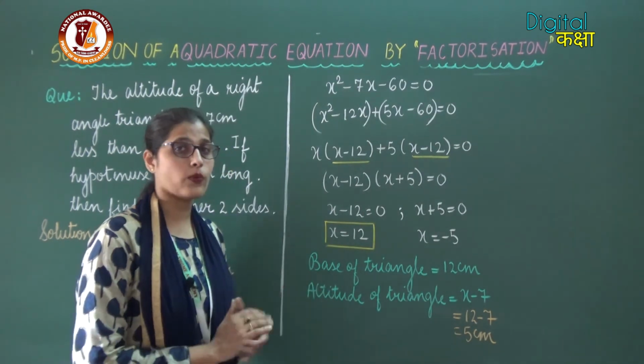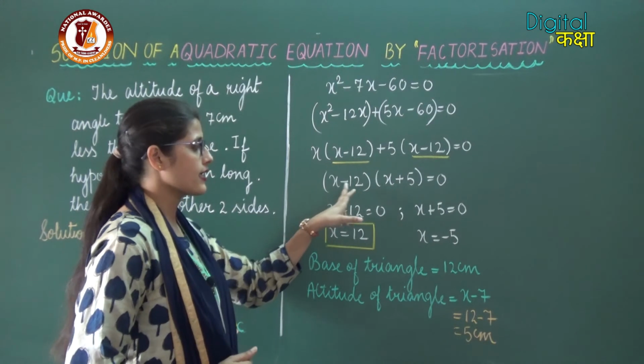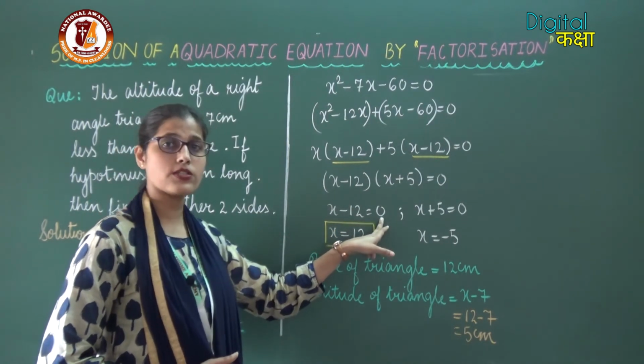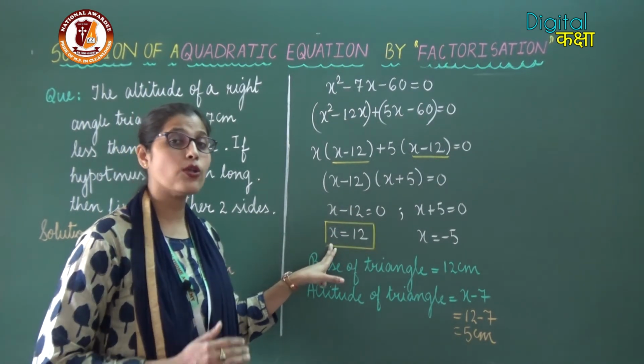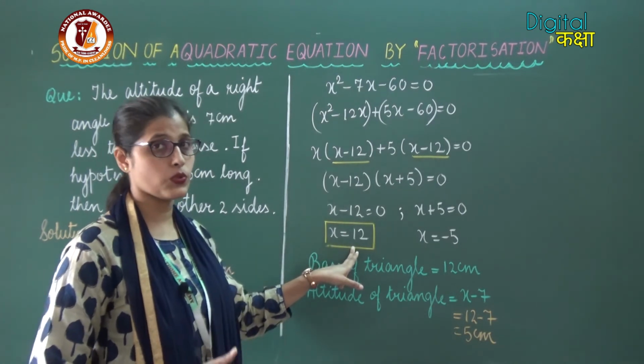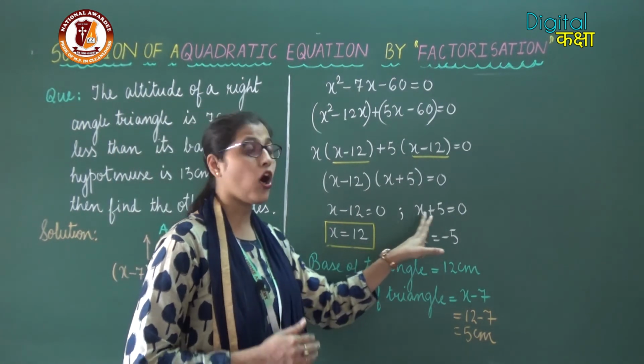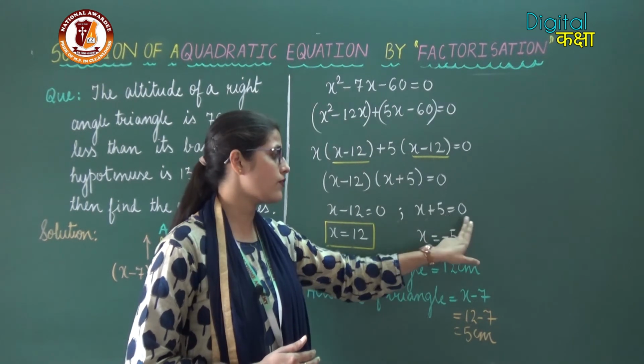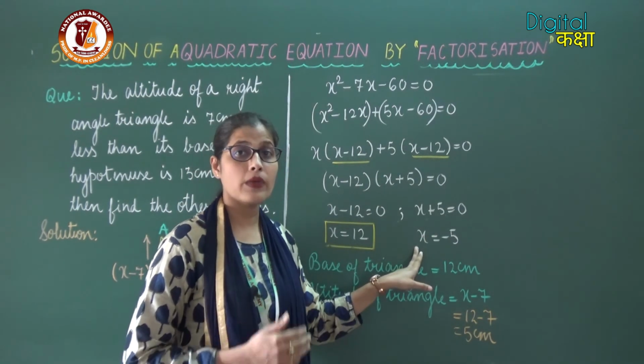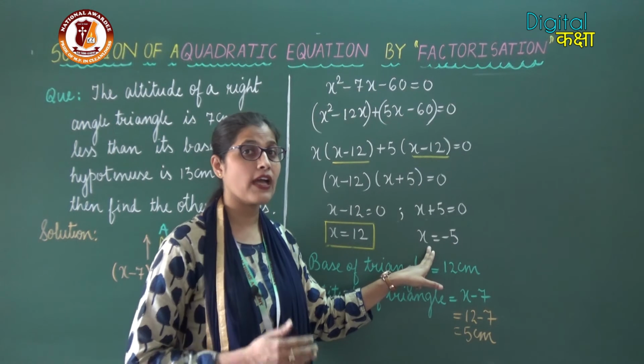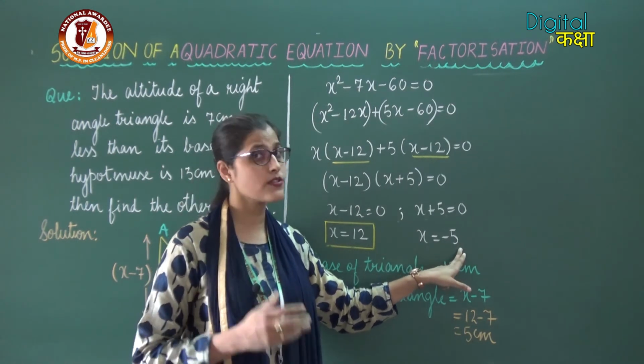On equating to 0, we will get x minus 12 equals 0. So the value of x will be equal to 12. And on equating x plus 5 equals 0, we will get the value of x as minus 5.